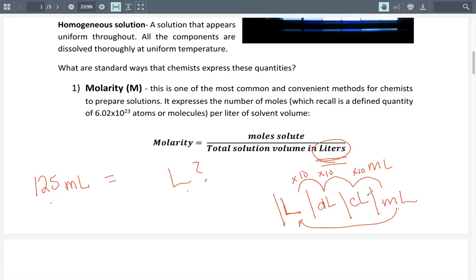So it's a division by 1,000, or a movement of my decimal point 3 times to the left. 1, 2, 3. So 125 milliliters is the same as 0.125 liters.